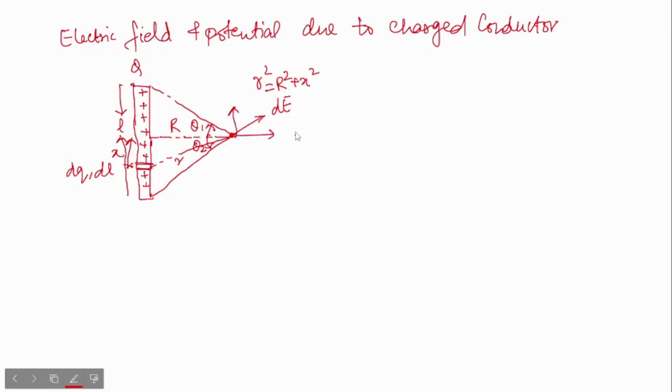The first is perpendicular, dE cos theta, and the other is dE sin theta. We are taking the component at an angle theta with the horizontal, and this angle will also be theta, a vertically opposite angle, which is why the components are like this.